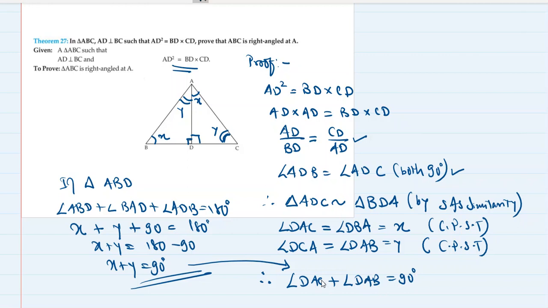So what is angle DAC plus angle DAB? Angle DAC plus angle DAB is angle BAC. Therefore, angle BAC is equal to 90. And that's what we had to prove. Remember, to prove triangle ABC is right angled at A. And we have proved that this angle A is 90 degree.